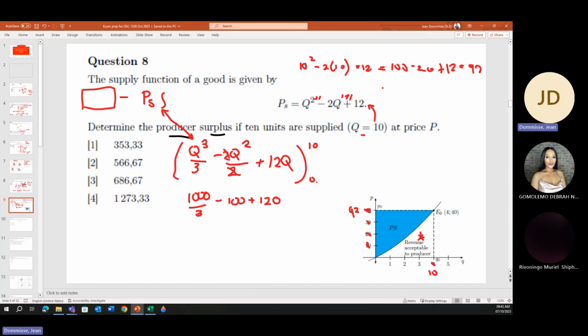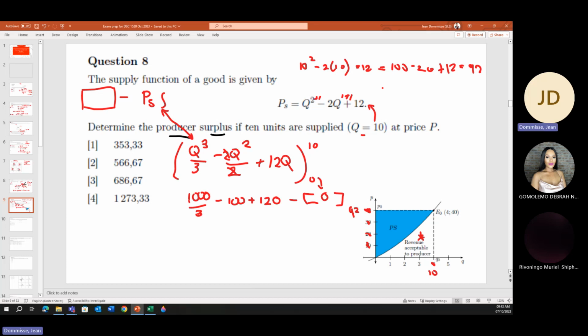If we needed to subtract the 0, that times that is 0, that times that is 0, so putting in the 0 would just have given us 0.